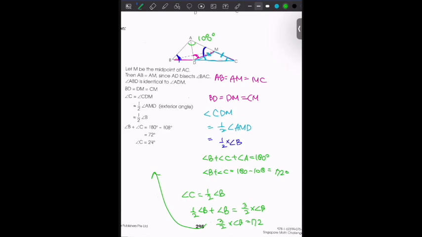And so angle B is going to equal 72 times 2/3, which is equal to 48.